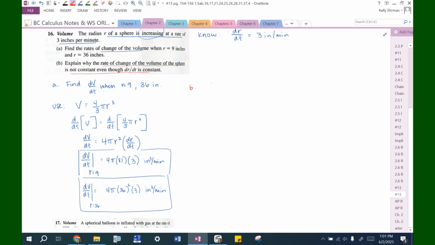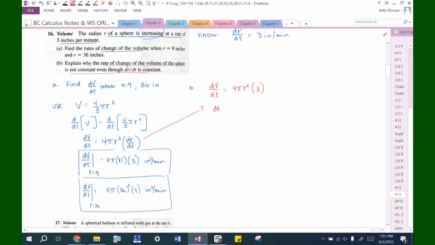But we can go back to, what was the equation for dV/dt before we plugged anything into it? It was this. So it was equal to 4 pi r squared. And even though dr/dt was constantly 3, this is an equation with a variable in it. dV/dt is dependent on what r is. If it were just 4 pi times 3, it would be constant. But dV/dt has a variable of r in it.